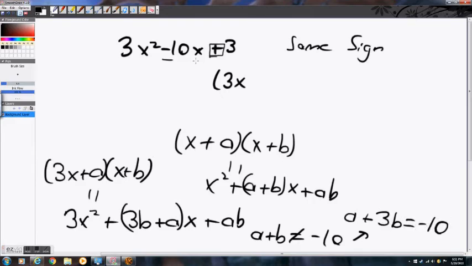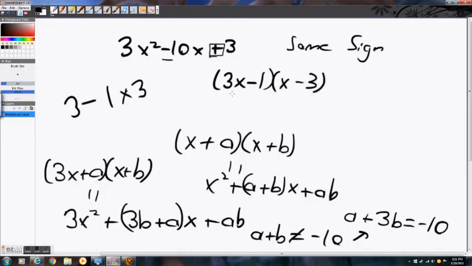So first, of course, we do factors of 3, and that is only 1 and 3. So this is going to be pretty simple. We have the same sign, and since this is negative, they do have to be negative. So we'll have negative 1 and negative 3. However, now it matters where we put them. So what we do is we put the 1 here and the 3 here.